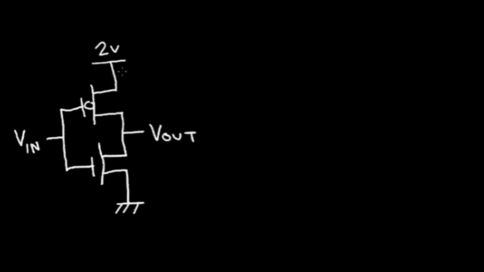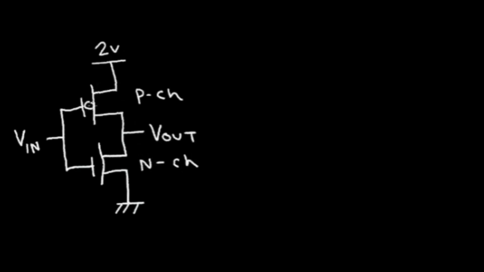So let's review. This is the P channel. This is the N channel. Recall from the previous 2 videos that the P channel and N channel operate in a similar fashion, except the voltage polarities, the E fields, are reversed.